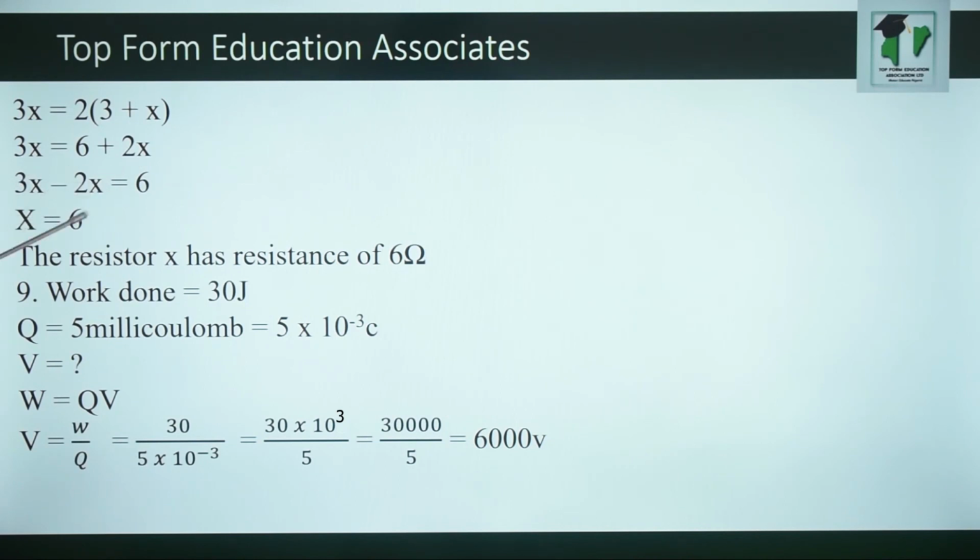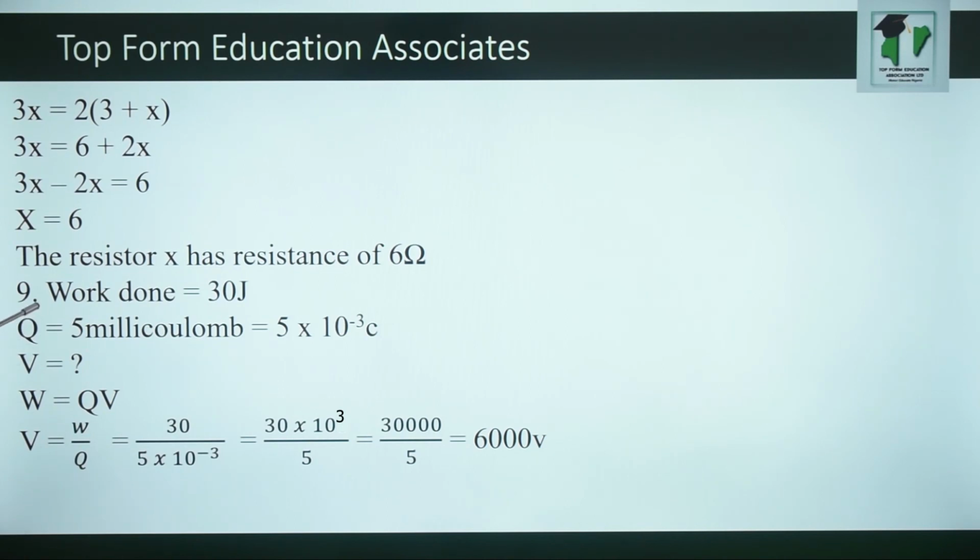So collecting like terms again, you have 3x, this plus 2x crosses the equality sign and gives you minus 2x, is equal to 6. So 3x minus 2x gives you x, which is equal to 6. Therefore, the resistor x has a resistance of 6 ohms. Is that okay?